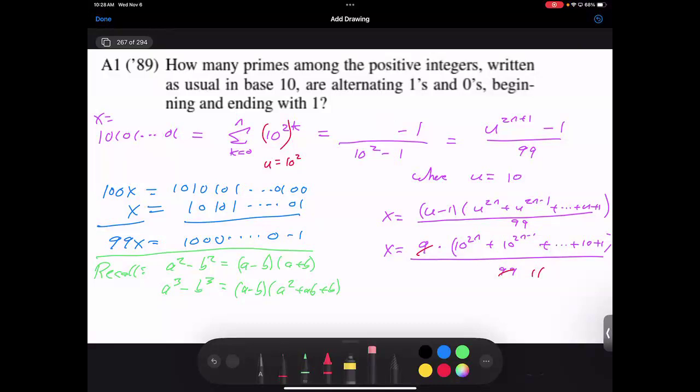So this should be u to the n plus 1 minus 1 divided by u minus 1, right? So I've got the wrong factorization here. It should be u to the n plus 1 minus 1 over 9.